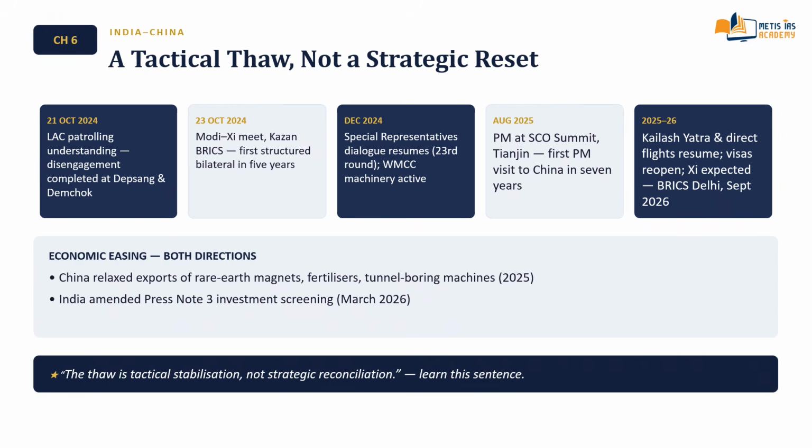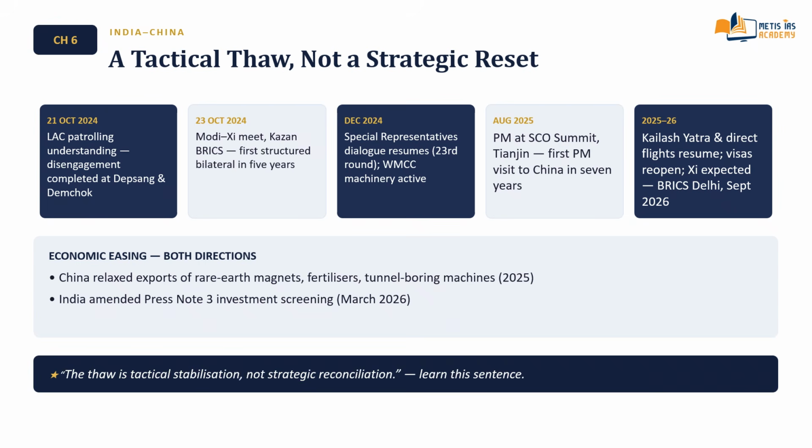Coming to the fourth dimension, security cooperation. Security cooperation between India and Bangladesh has expanded considerably. Both countries have worked together against terrorism, extremism, cross-border crime, illegal trafficking, and organized criminal networks.